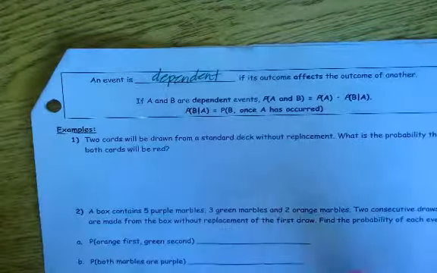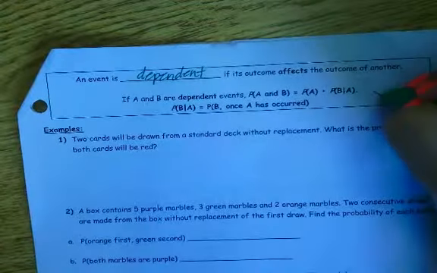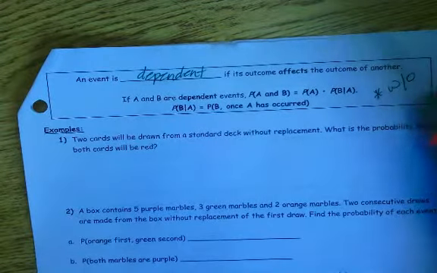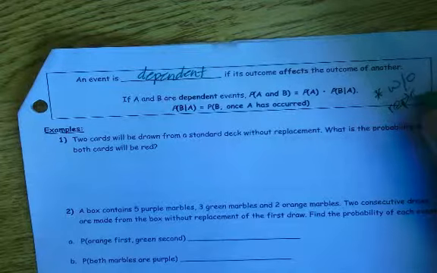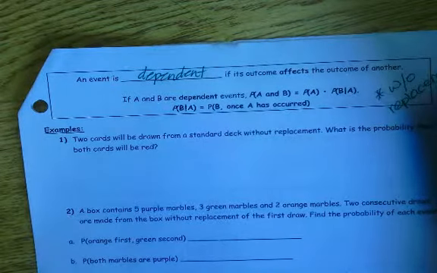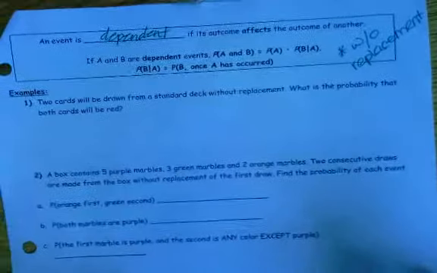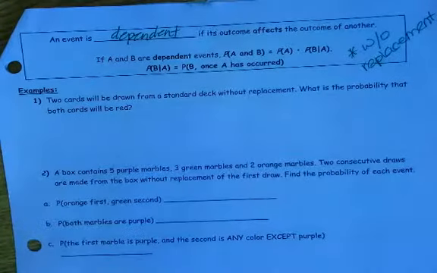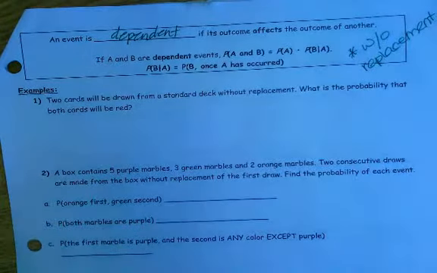So a key word is without, or words without replacement. If A and B are dependent events, then the probability of both of them happening is the probability that A happens times the probability B happens once A has already occurred.